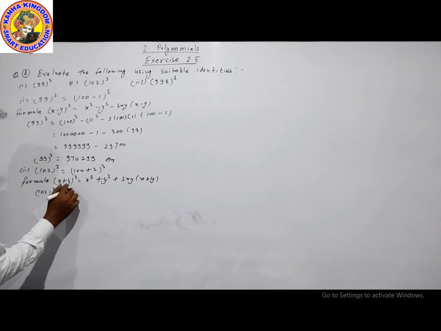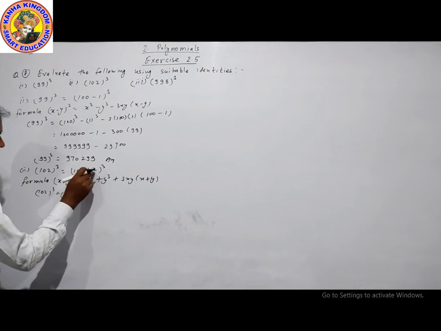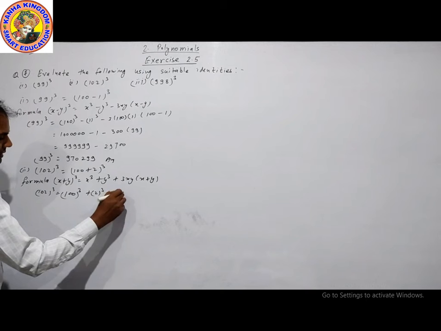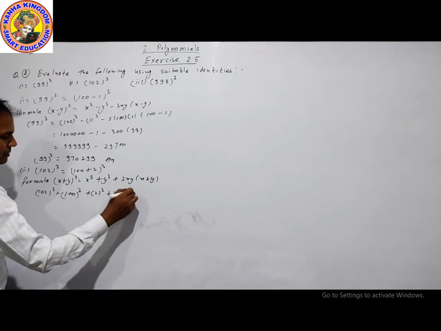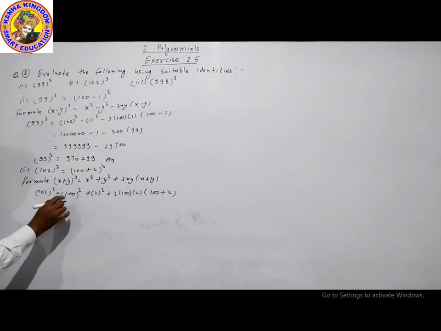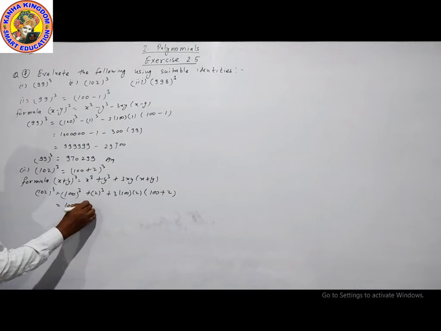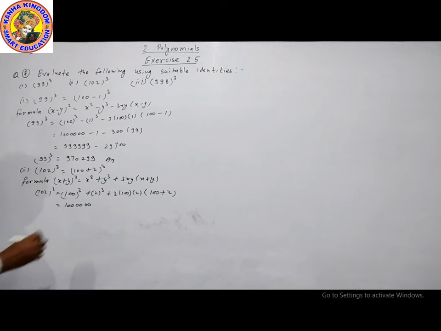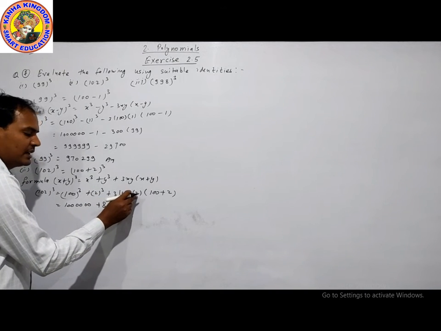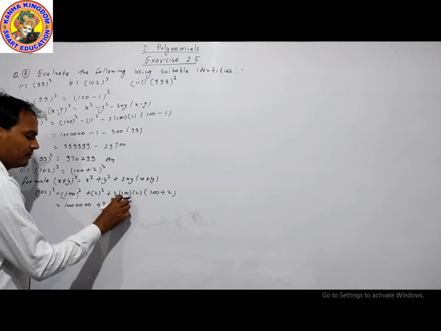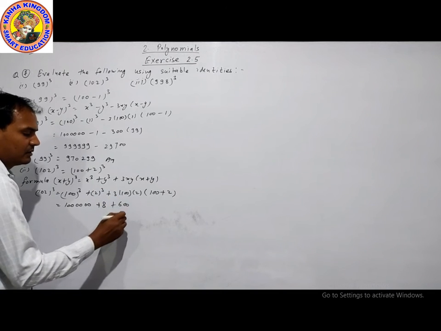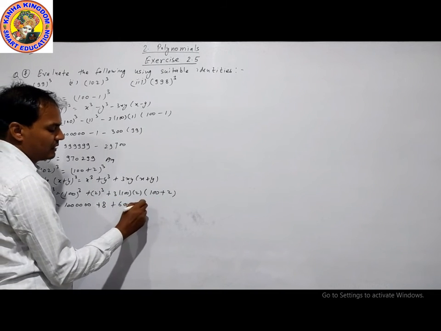X cube is 100 cube, y cube is 2 cube, plus 3 into x is 100, this is our 100, y is 2, times (100 plus 2). This is our 100 cube. Now 2 cube is 8, 3 into 2 is 6, so 600, and this is over 102.